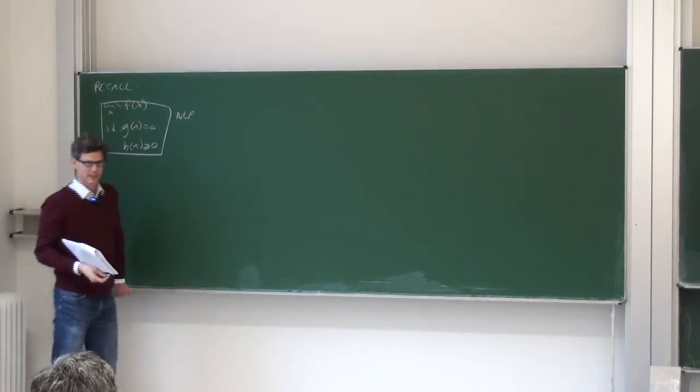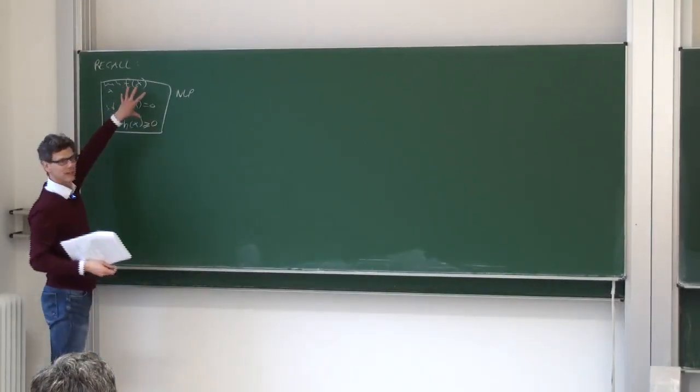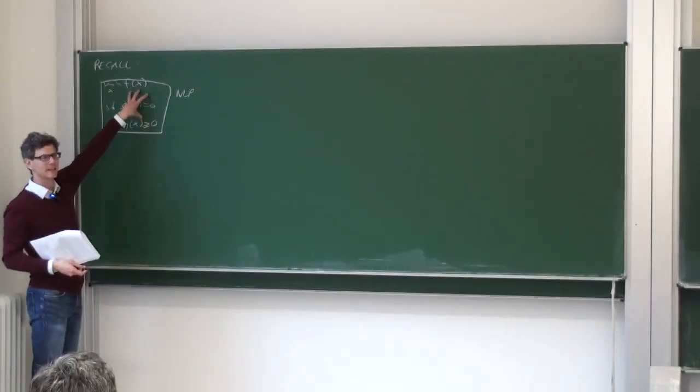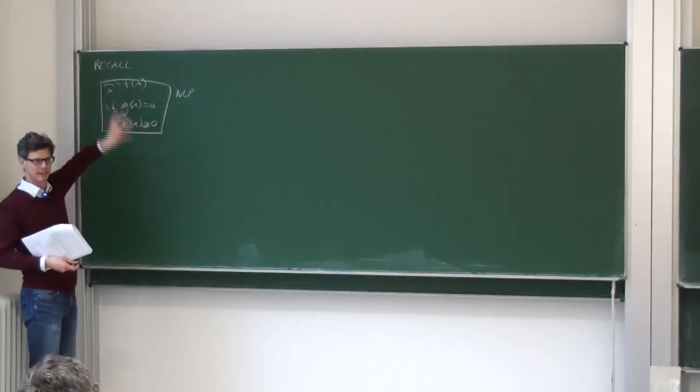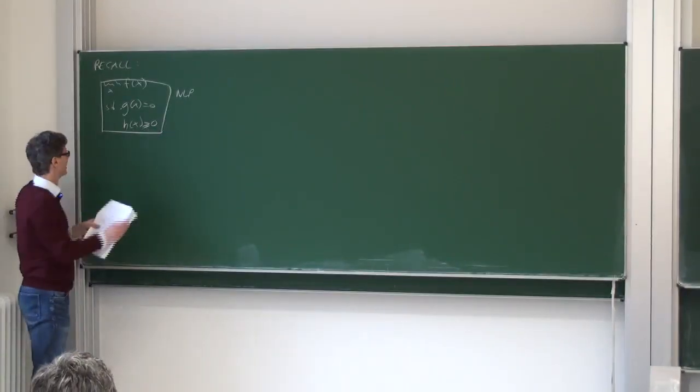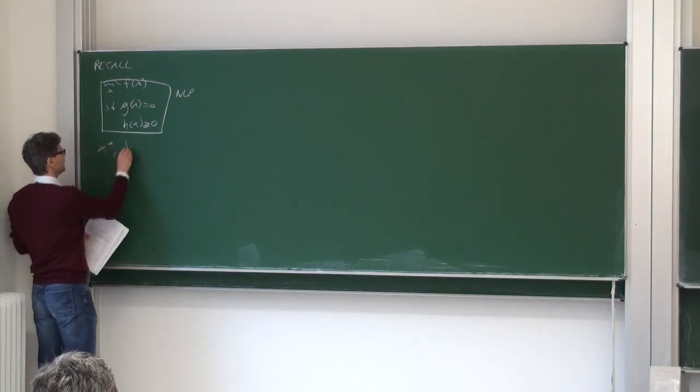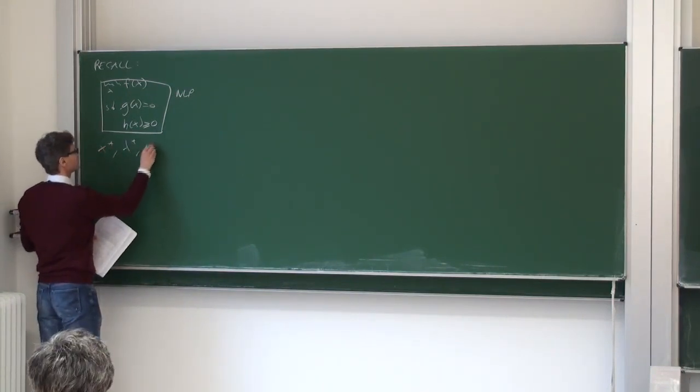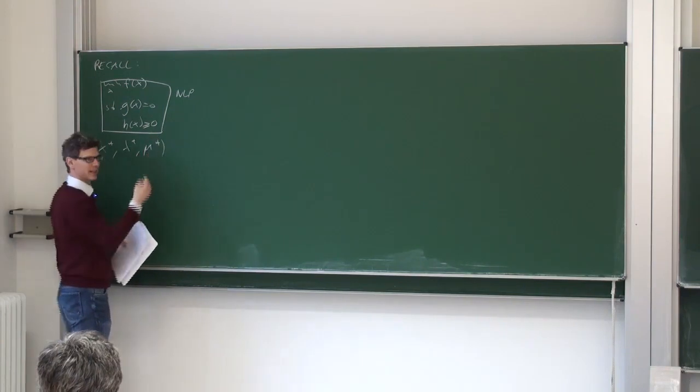And what we have proven is that if you have an optimal point of this NLP, then there exist some multipliers so that the triple x star, lambda star, and mu star satisfies the KKT conditions.